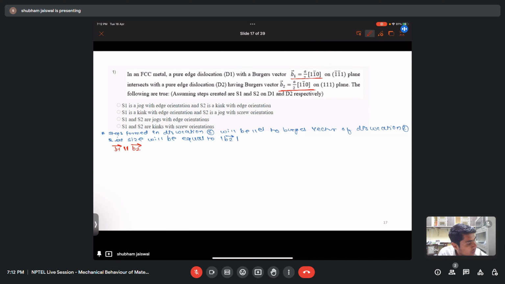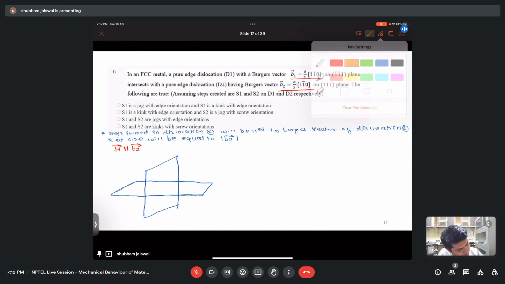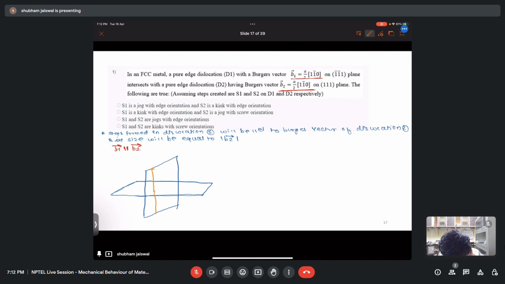So if I draw the planes, let me draw the plane first. Let's say this is my second plane. And here I have one edge dislocation. Let's say this is dislocation D1 and this is the direction of Burgess vector.